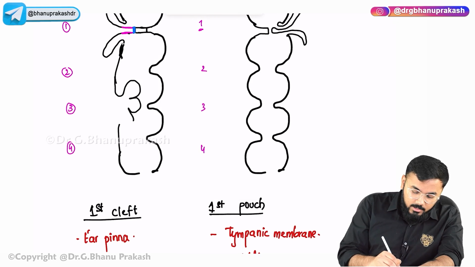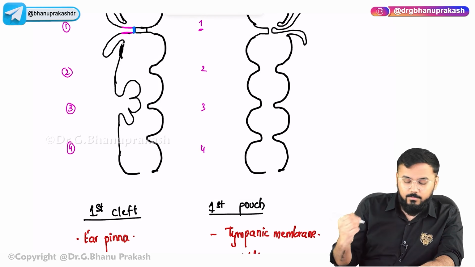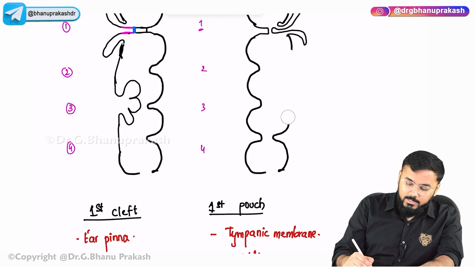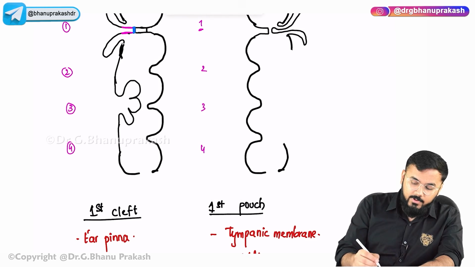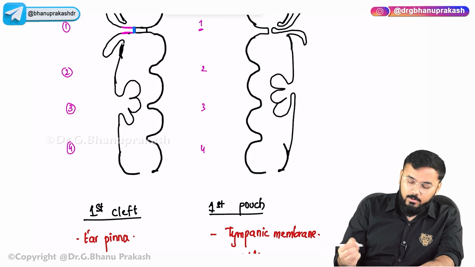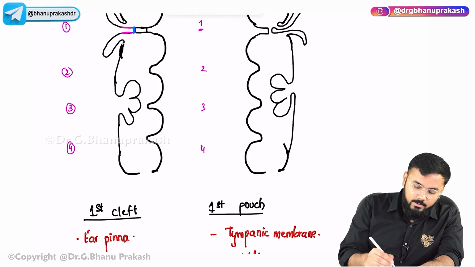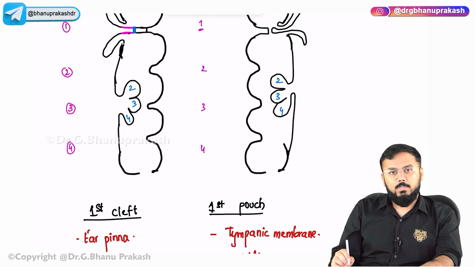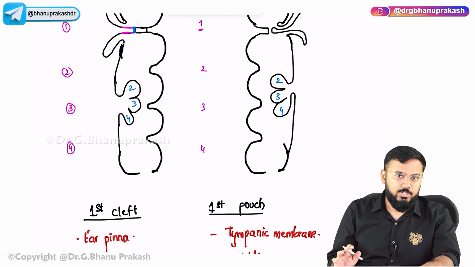You see on both the sides, second, third and fourth, they undergo invagination in this particular manner.